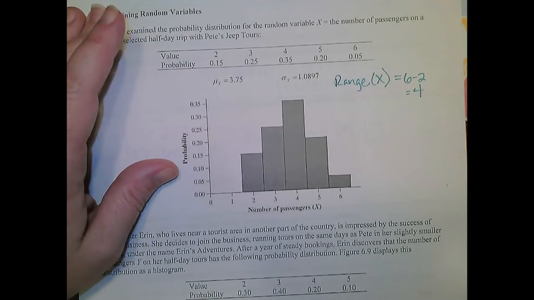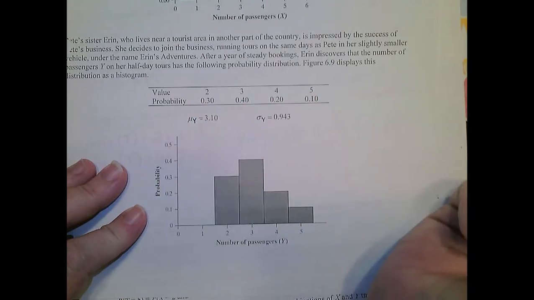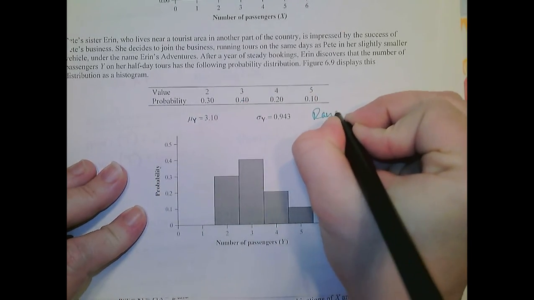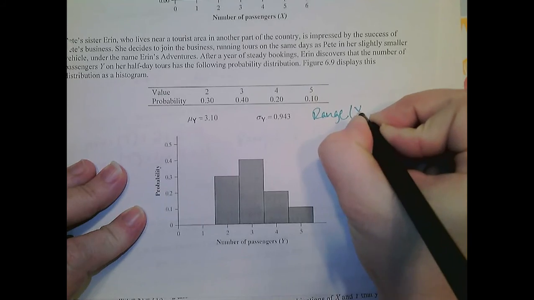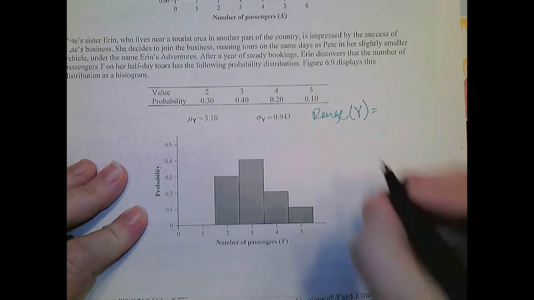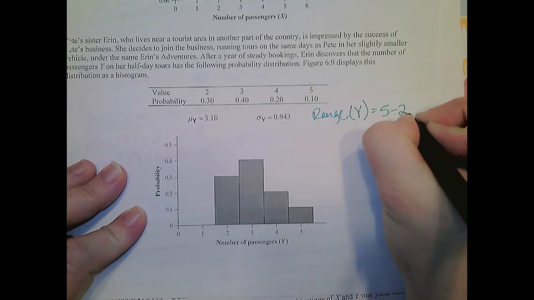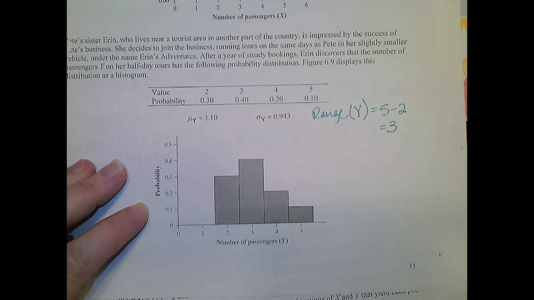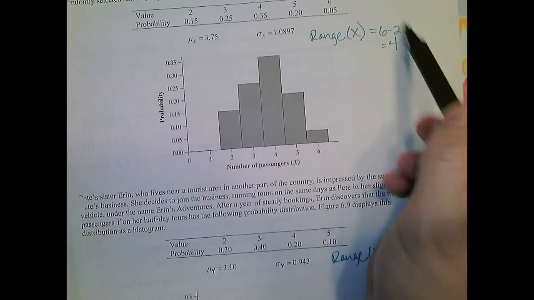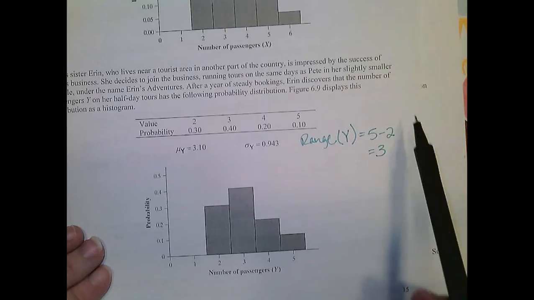If we look at Aaron, she can carry anywhere from 2 to 5 passengers. So the range for Aaron, we'll call it range of Y, would be 5 minus 2, or 3. So if we look at the variability in form of range for Pete and for Aaron, we have 4 and 3.